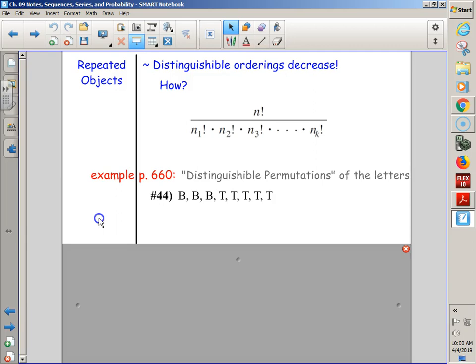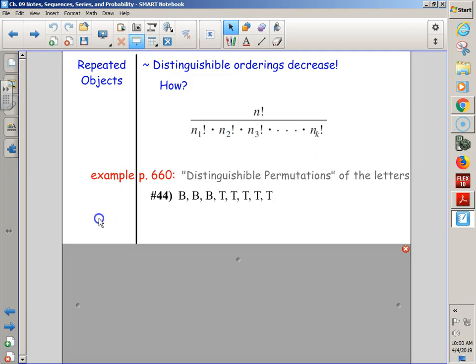What does N stand for in context of what we've been doing this section? How many people, objects, things, letters. Is that cool? N, how many? But why is there an N up top and then other N's down below?